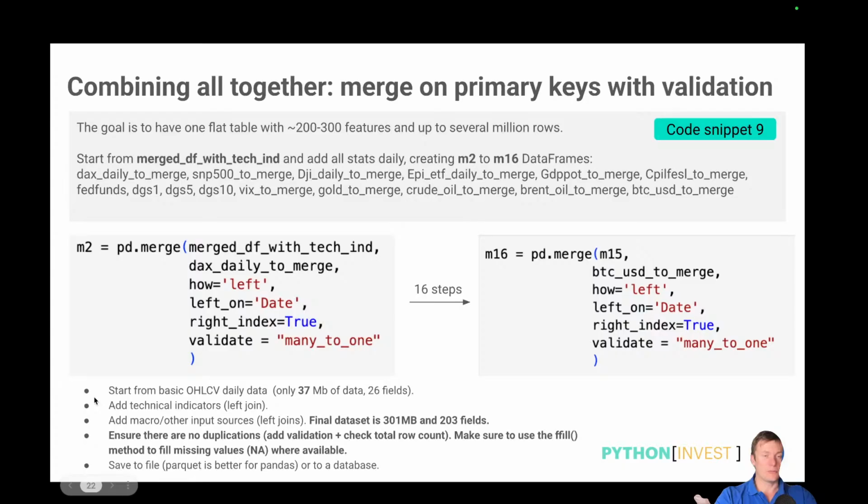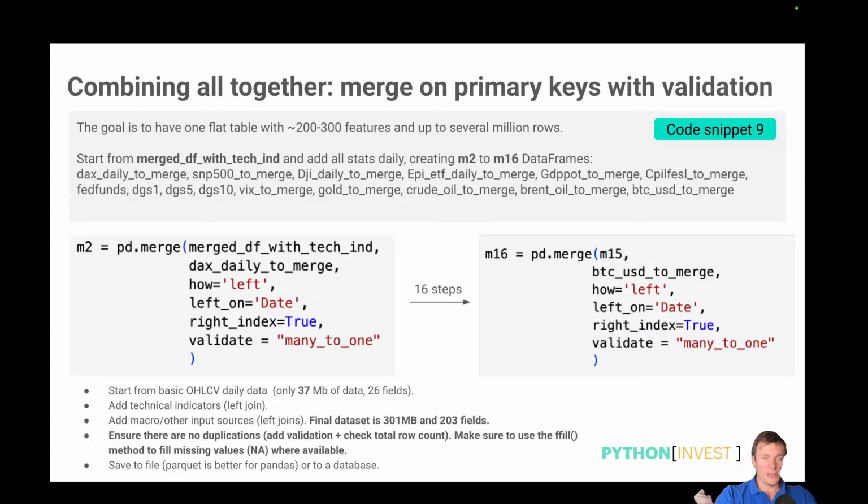We start from the basic daily stats, open, high, low, close, volume data, 37 megabytes of data. Then we add technical indicators. Now it will be about 200 megabytes of data.